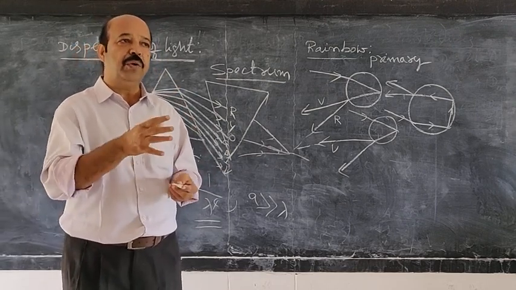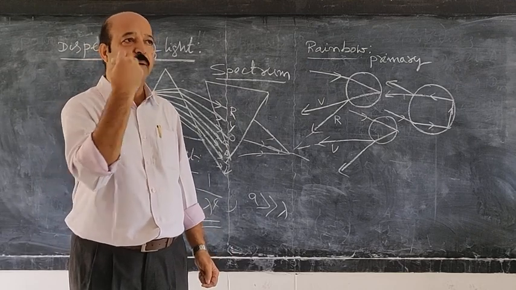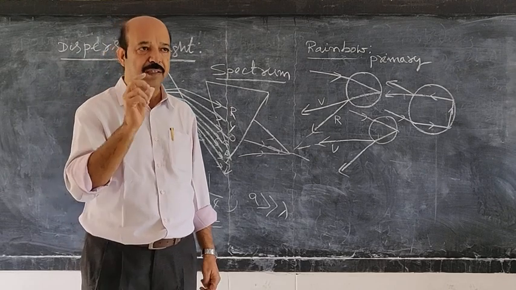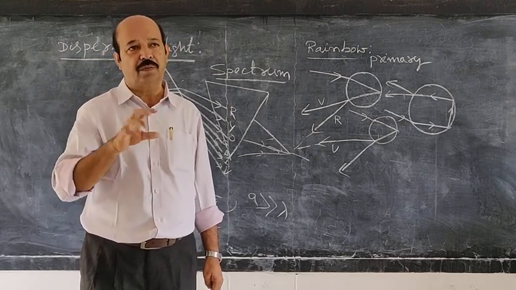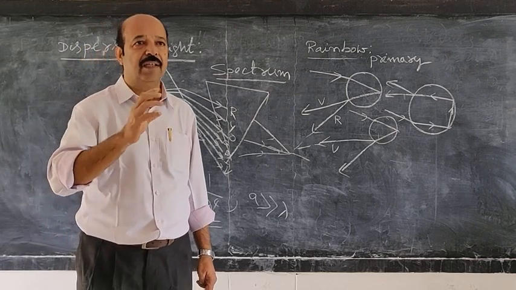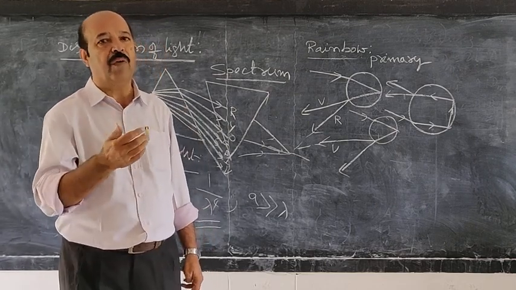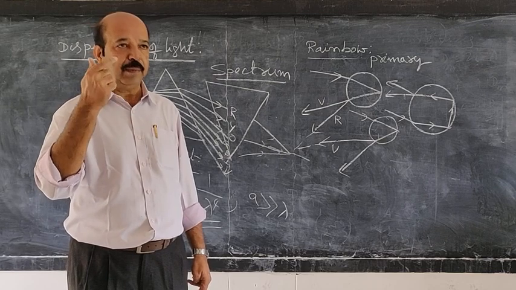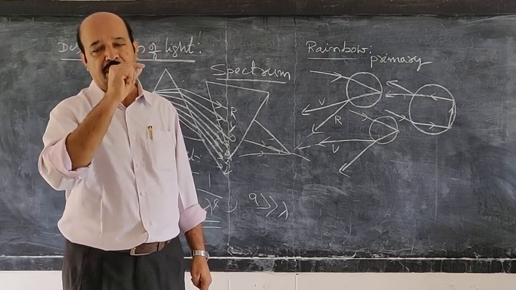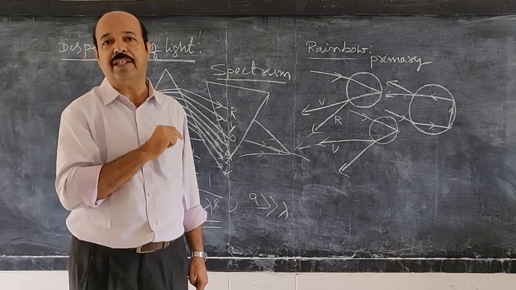And we know that depending upon the distance of the object we are seeing, the focal length of the eye changes. So, with the help of the ciliary muscles, the curvature of the eye lens is slightly modified.